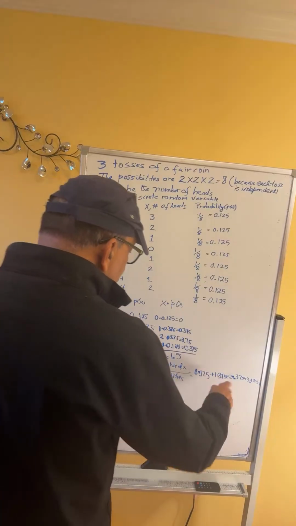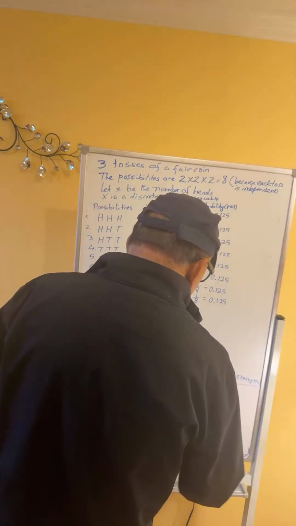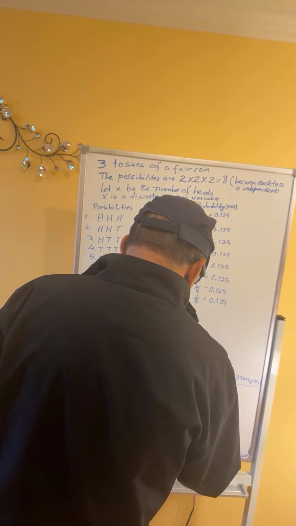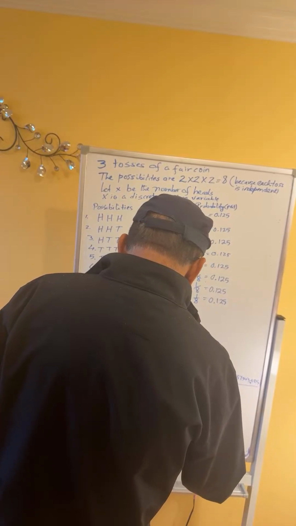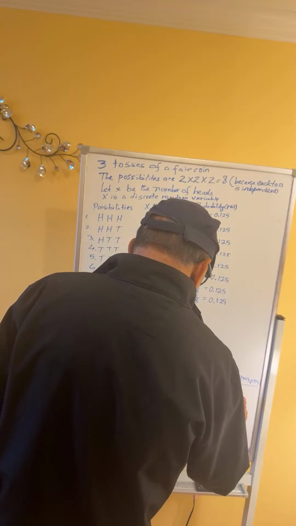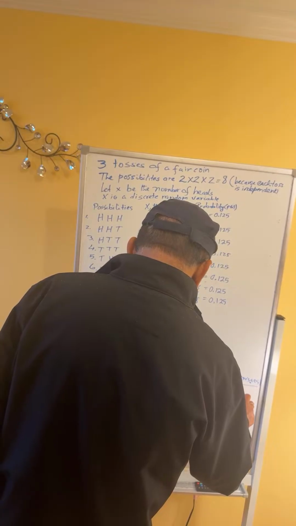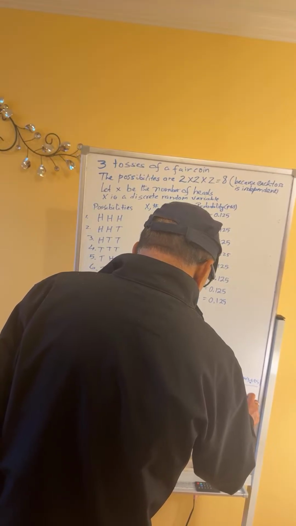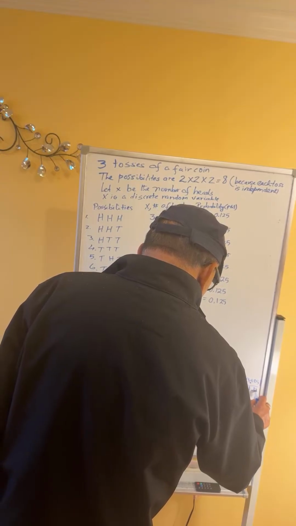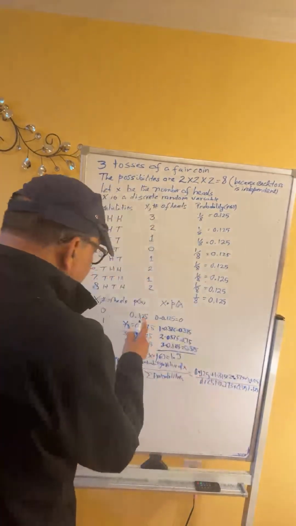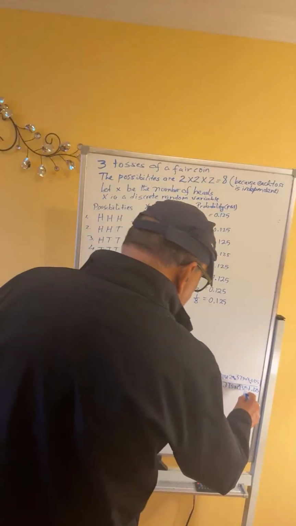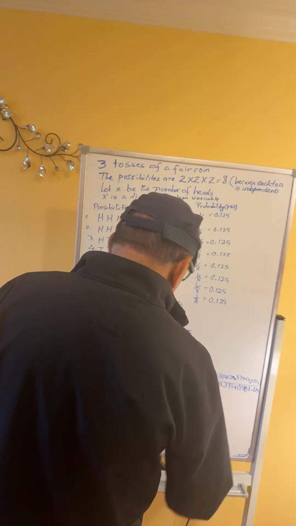And then on the bottom, you add the sum of the probabilities, which is 0.125 plus 0.375 plus 0.375 plus 0.125. 0.125 is the first probability, 0.375 is the second probability, and 0.375 is the third probability also, the same.